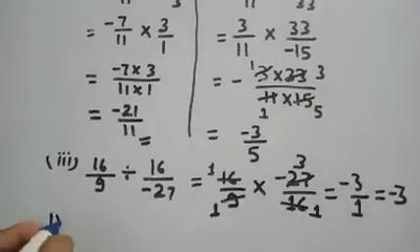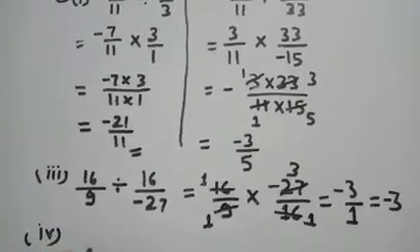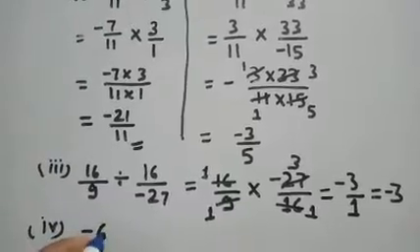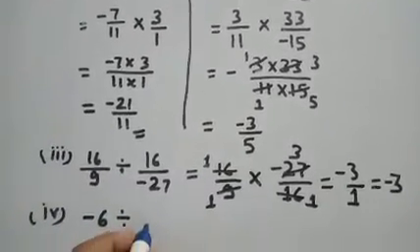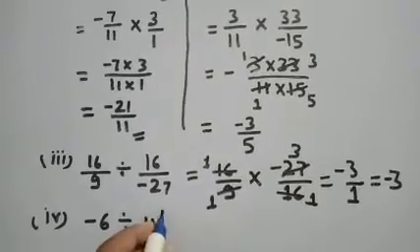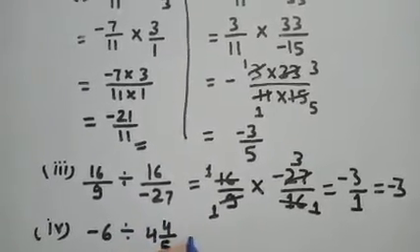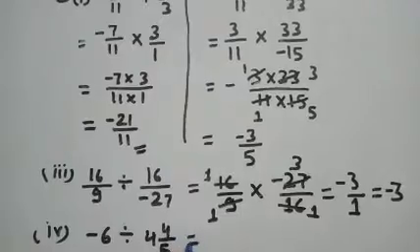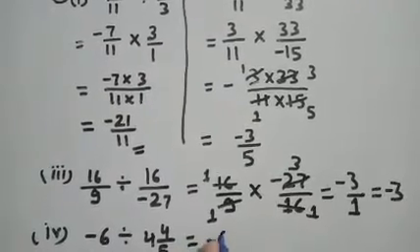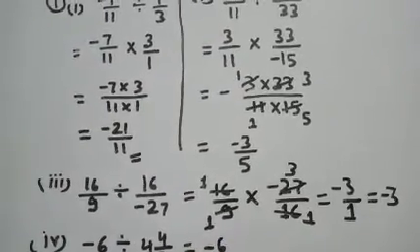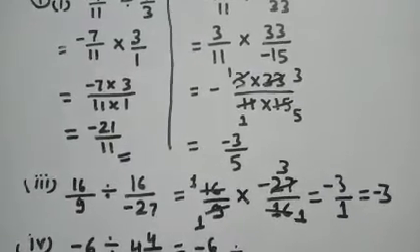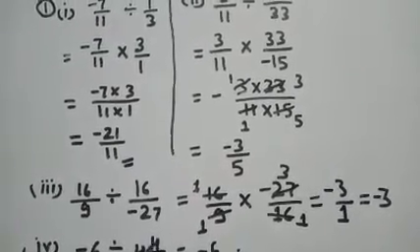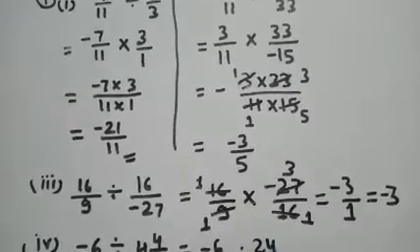Now the last part of this question: minus 6 is divided by 4 whole 4 by 5. 4 whole 4 by 5. So minus 6 is called minus 6 upon 1, and 4 fives are 20 plus 4, 24 upon 5.